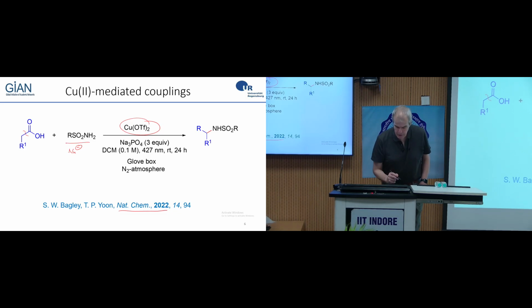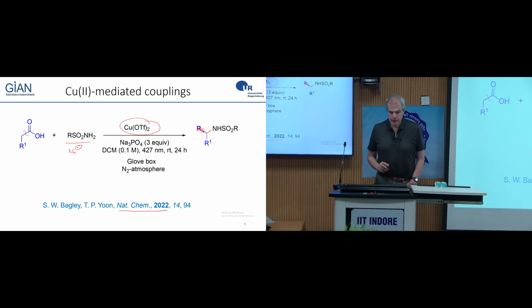So the sulfonamide is the nucleophile here, and then they get the truncated one. I gave you an R group too many here. I was a little bit too fast, so this should be gone. So they get the truncated one, which they couple here with the nucleophile.